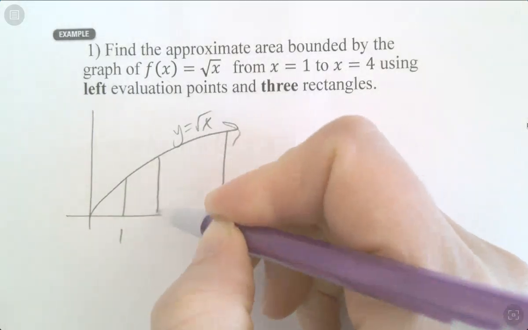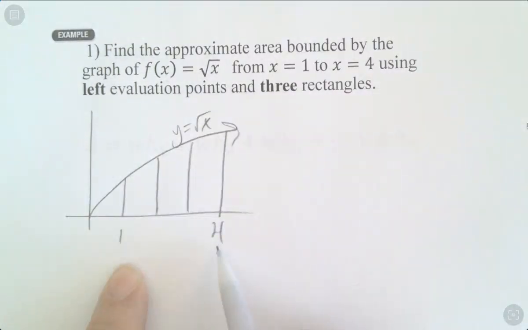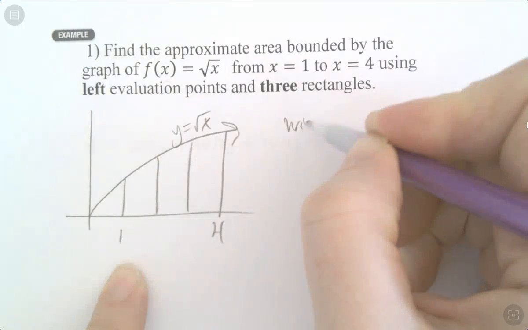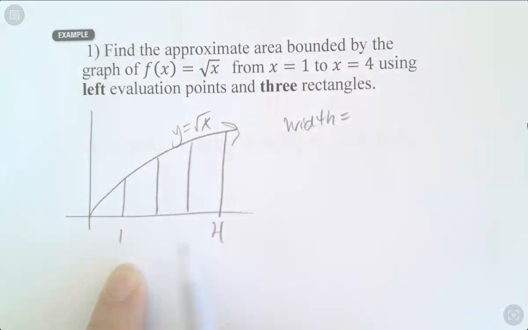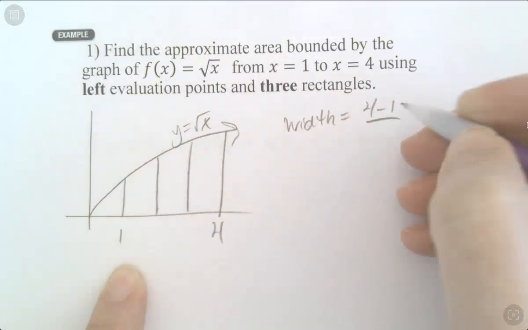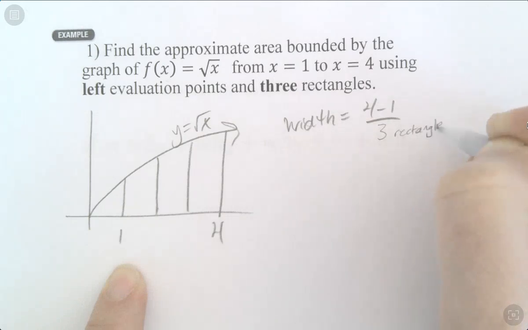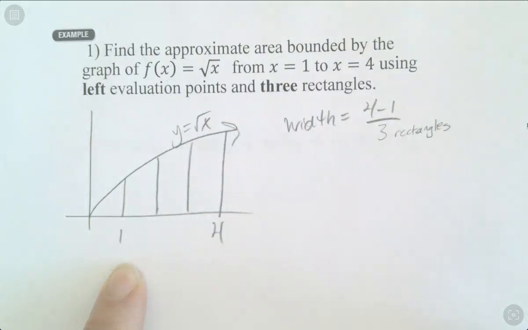Right, so if you're looking at the width of the rectangle, you're looking at the difference in your bounds. So that was 4 minus 1 divided by the 3 rectangles. And we'll talk more about that in a minute. So the width is 1.